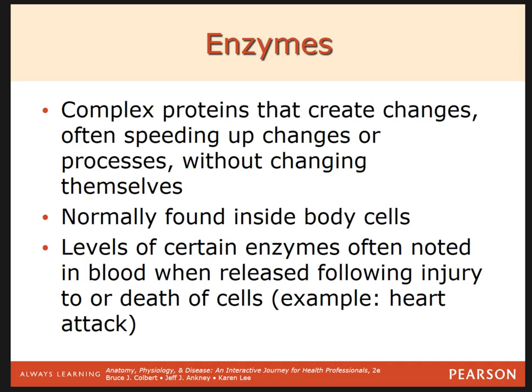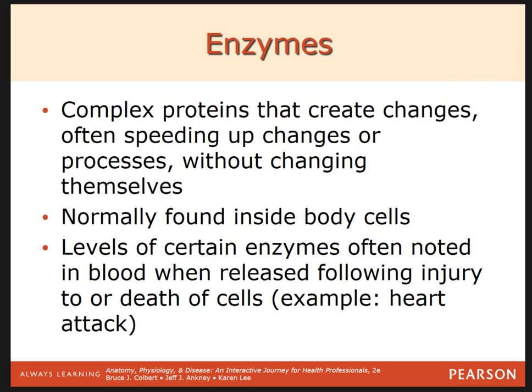In addition to electrolytes, we can measure enzymes in the bloodstream and in the body. Enzymes are complex proteins that create changes, usually speeding up processes without changing them. Normally, without changing the enzyme. It's what we call a catalyst.